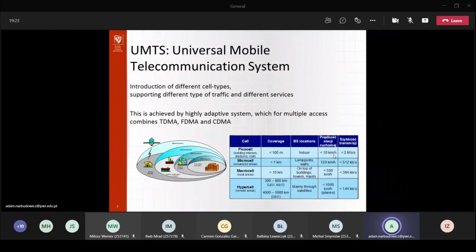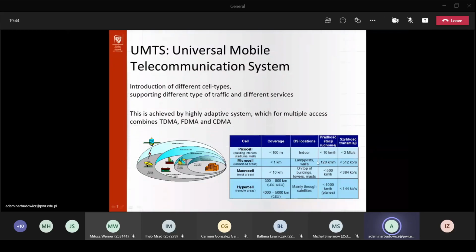Basically all the speeds that originate from human movement. So obviously, if your picocell is 100 meters, there's no point considering somebody that moves 100 kilometers per hour through it. That's just going to be a very, very small fraction, right?